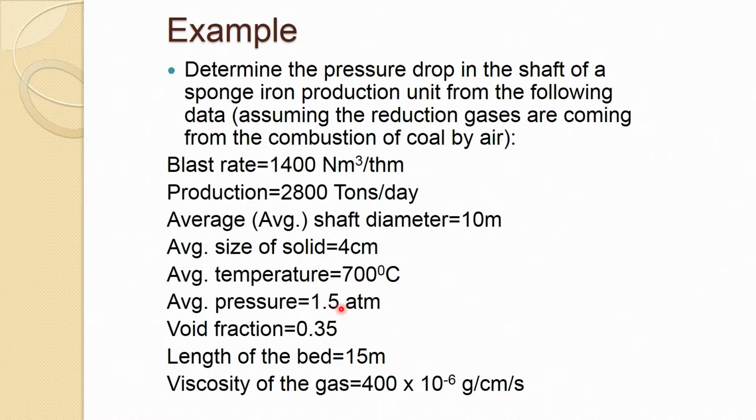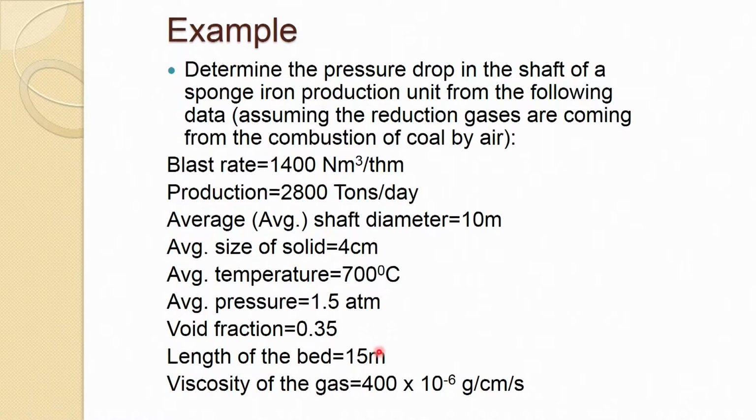Average pressure 1.5 atmosphere. Void fraction is 0.35. Length of the bed may be taken as 15 meter. Viscosity of the gas may be assumed as 4 into 10 to the power minus 4 grams per centimeter second. So given these data, we have to determine the pressure drop.